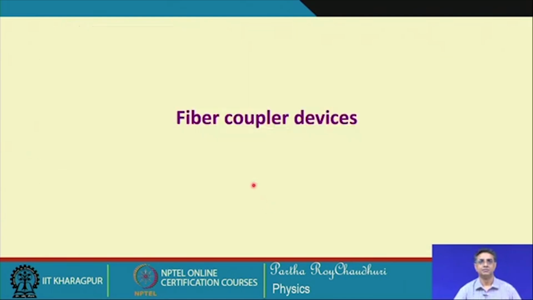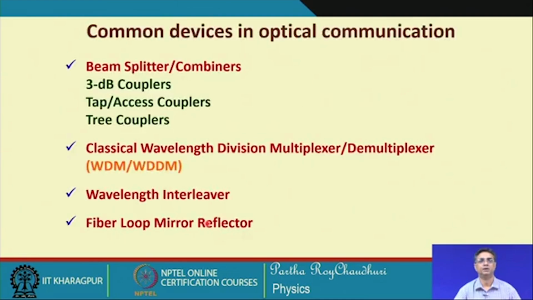Now we will continue with the applications of this fiber coupler and several fiber coupler devices which can be built out of these 2 by 2 fiber couplers. For example, the most common use is a beam splitter or combiner, which we compared at the very beginning. The beam splitter could be any 50% splitting coupler.